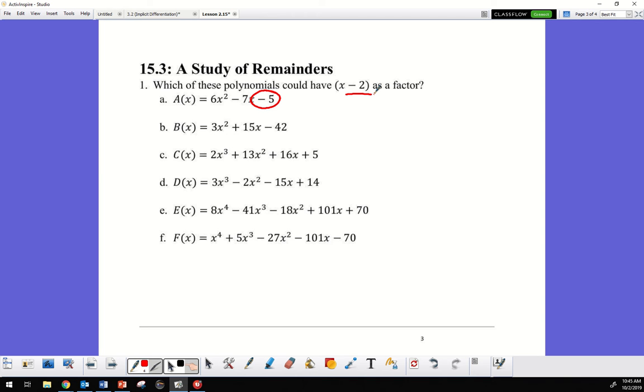Because 2 times something to be negative 5 would be 2.5, right? So, it doesn't really work out very well, right? So that one doesn't work out. Just by the trick that we learned yesterday, it's not going to work out. It's not going to be an integer. That's what we're looking for.